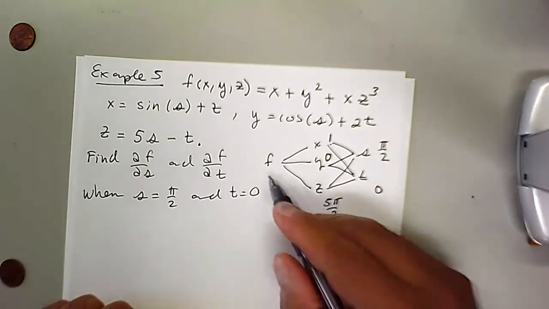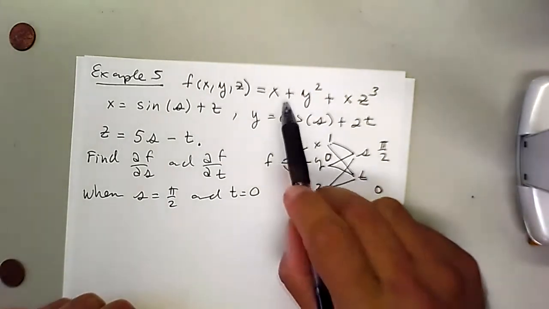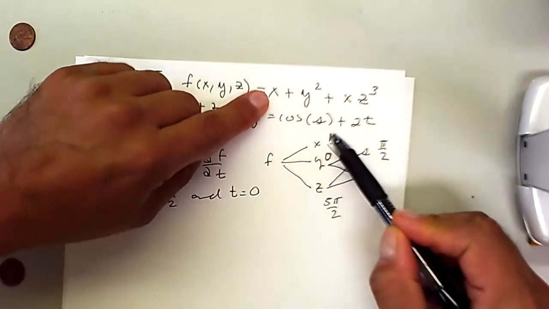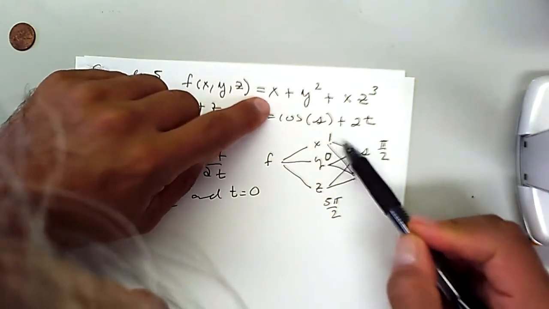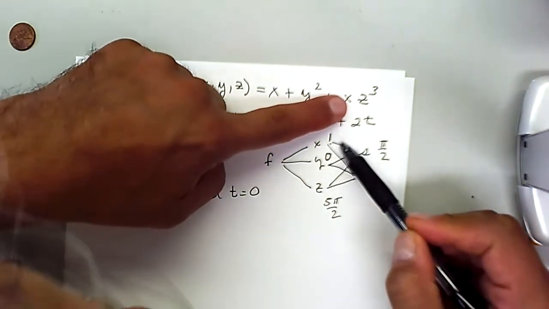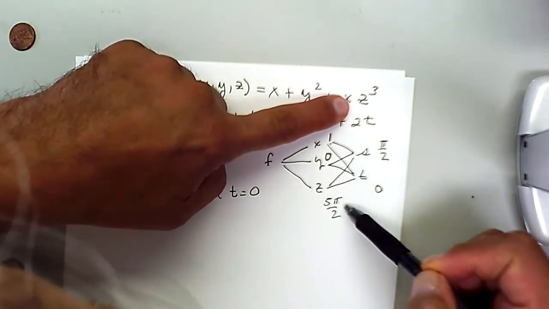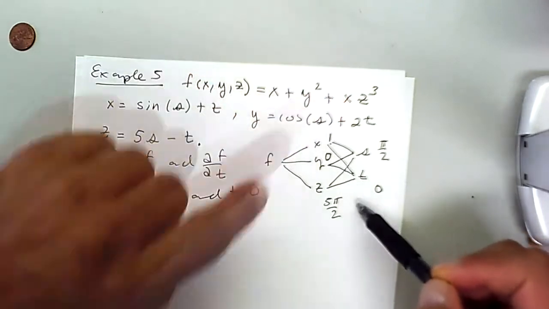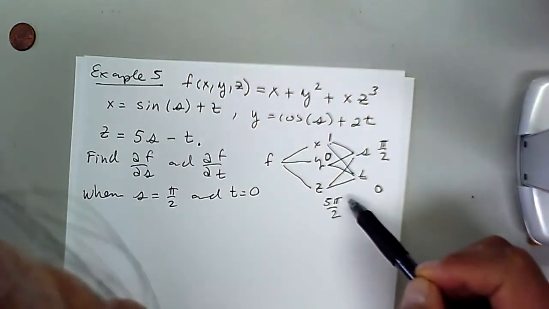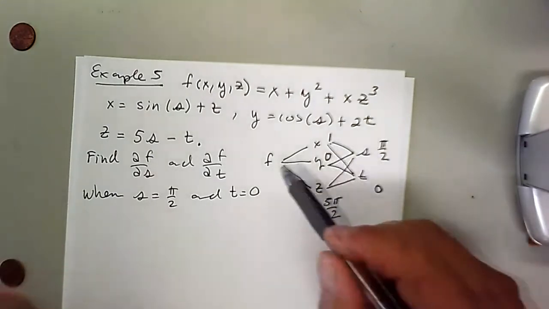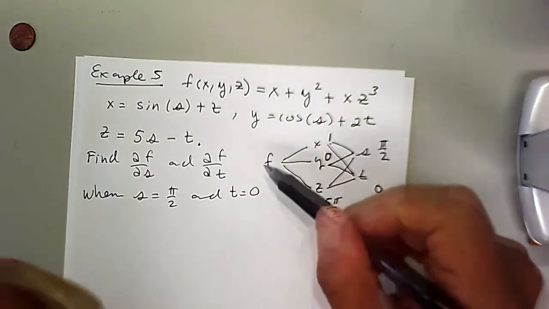And then we're going to have a value for f. It will be 1, so f is 1 because it's an x, plus 0 squared, plus 1 again times 5 pi over 2 quantities cubed. So that's going to be 125 over 8. We're not going to use that output, but let's write it down anyway.